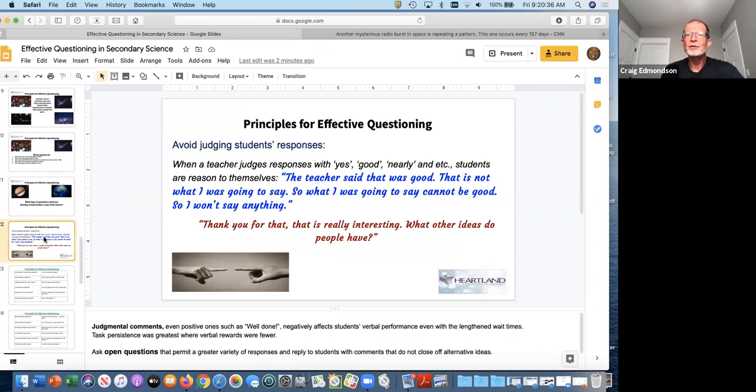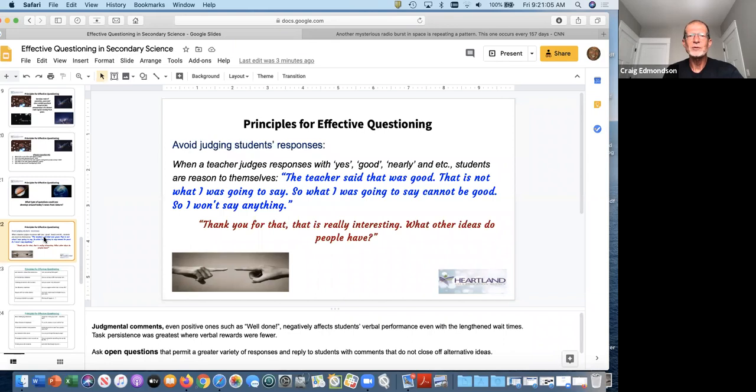So again, principles for effective questioning. When students provide a response, we do not want to judge those responses. We want open conversation that's on task, that involves constructive feedback, constructive conversations, and active listening in a respectful manner. When a teacher judges responses with a yes, good, nearly, and so on, students can reason to themselves, the teacher said that was good.